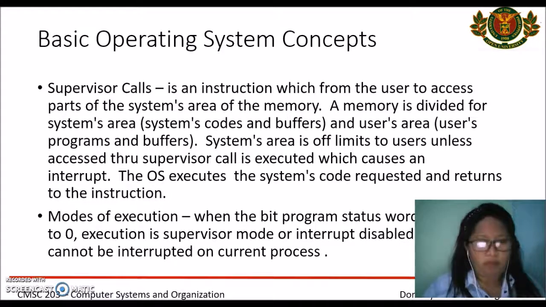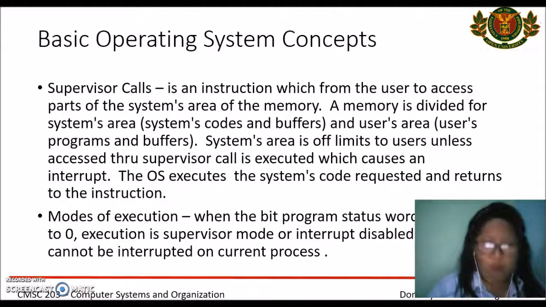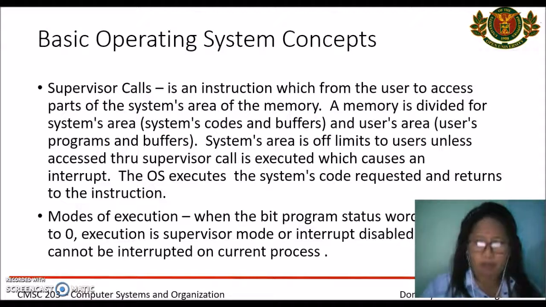What are modes of execution? Modes of execution are determined when the program status word, PSW, bit is set to 0, in which case the execution is in supervisor mode, or interrupt disabled mode.